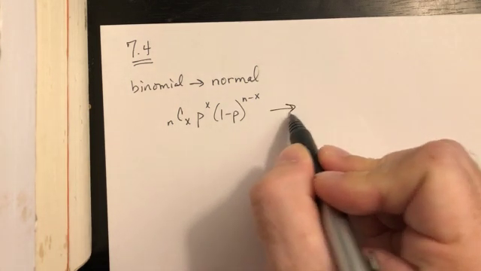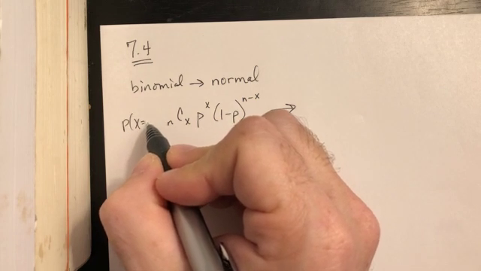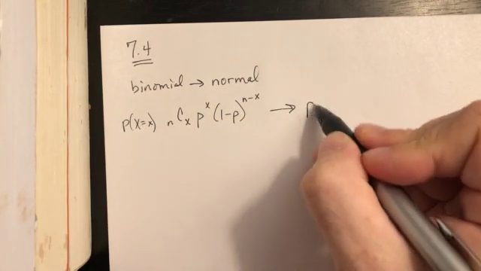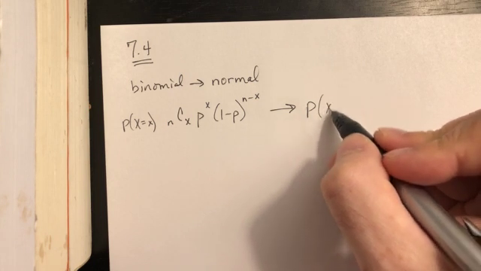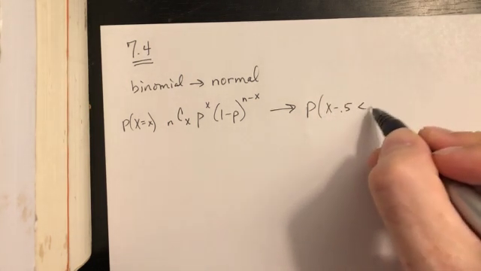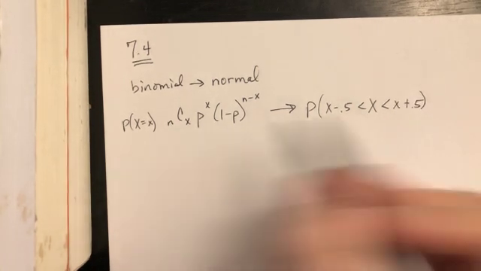But instead what we can do, since this is the probability of x equal to a number, little x, this would be the probability that x minus 0.5 is between the number we're looking for and x plus 0.5. I know this is kind of confusing.